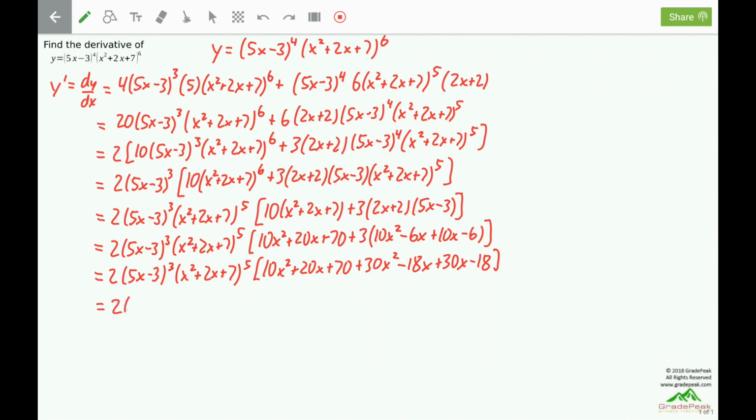So I have 2 times (5x minus 3) cubed times (x squared plus 2x plus 7) to the 5th times, combining like terms, let's see, x squared we have 10 and we have 30, 40x squared.